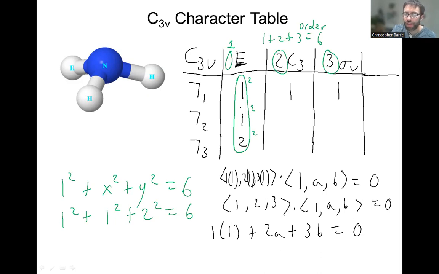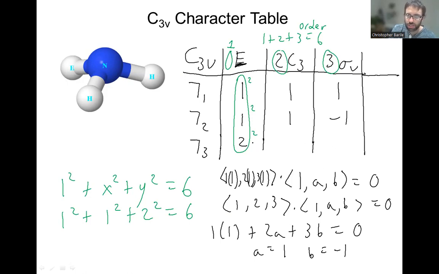If you have a 1 in the identity, you're going to have 1s or negative 1s usually in your character table. So the simplest way to solve this, we can guess, is that A is equal to positive 1 and B equals negative 1. That ends up being correct, but there are other ways to confirm this. I'll show you at the end with some functions.